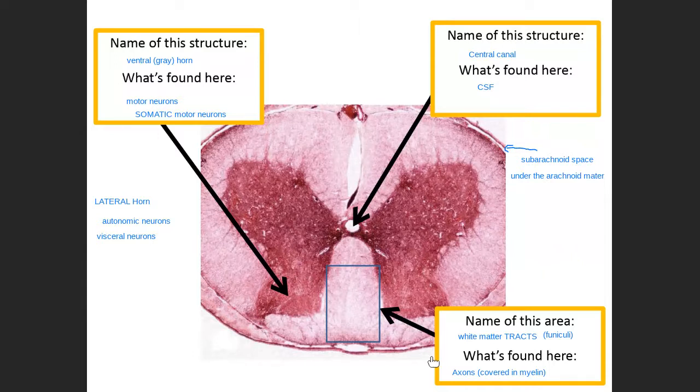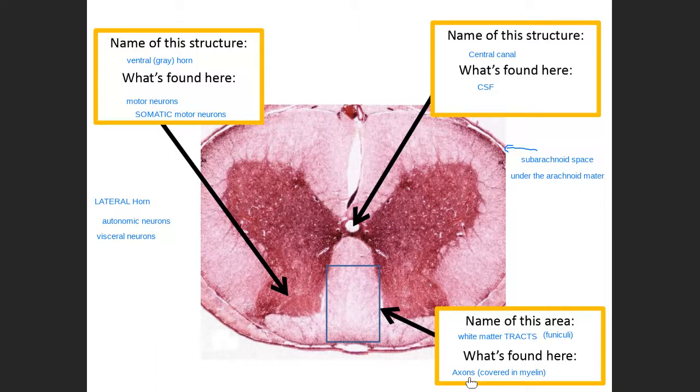So we're going to dive in just a bit to talk about the tracts of the spinal cord, the specific areas in the spinal cord where we have a lot of axons. The key with tracts is that this is where I send messages quickly. Either I send messages up really fast, or I send messages down really fast.